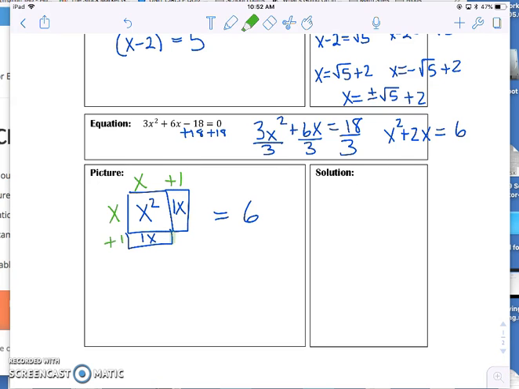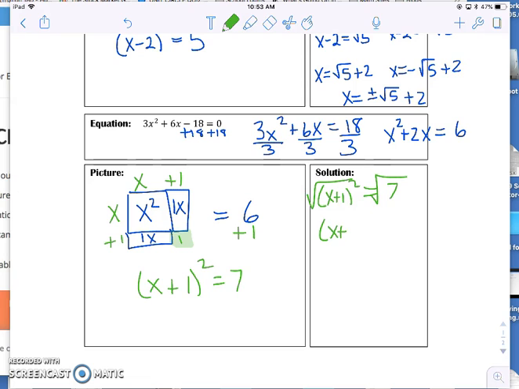But to complete the square right here, 1 times 1 is 1, so we have to add 1 to each side. So now we have x plus 1 squared equals 7. So our solution to x plus 1 squared equals 7, square root each side.